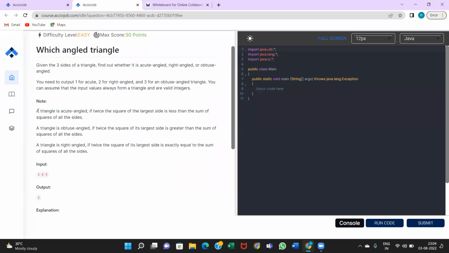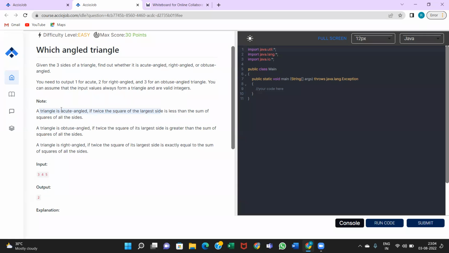Okay. So a triangle is an acute angle if twice the square of the largest side. See, now they have actually given us the information also. Our aim is that we are given a triangle and we have to check whether it is acute, obtuse or right angle.